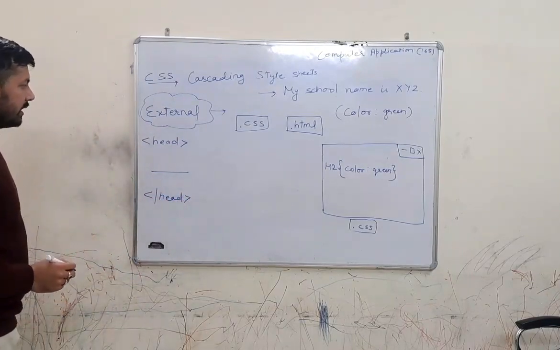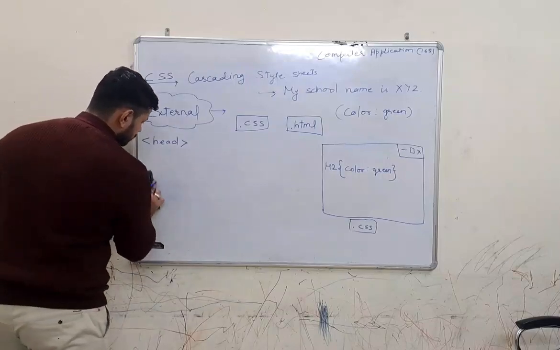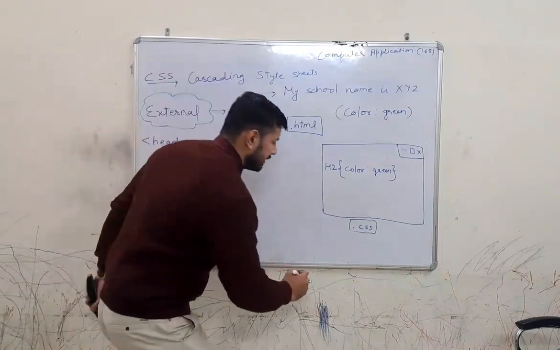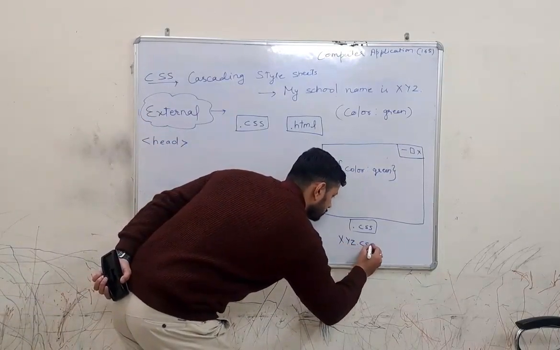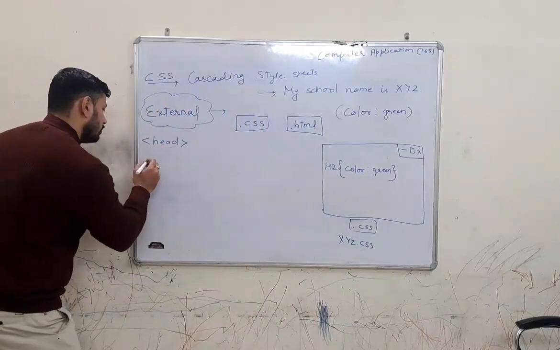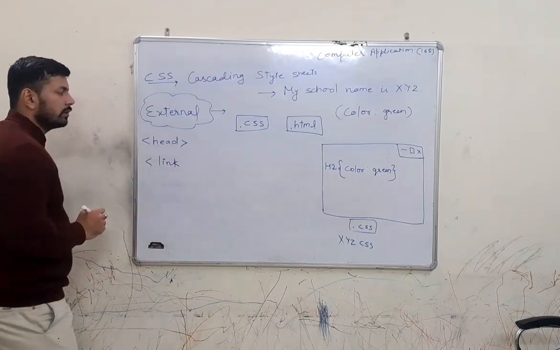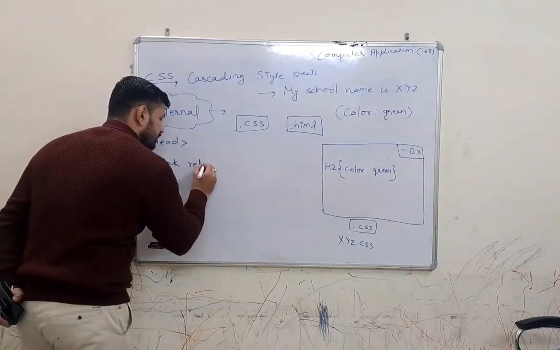Okay, let me explain how. Let us consider that this file is saved by the name xyz.css. Okay, the head tag is here. Now I want to link this file. So first I have to explain what the relation of this file is.